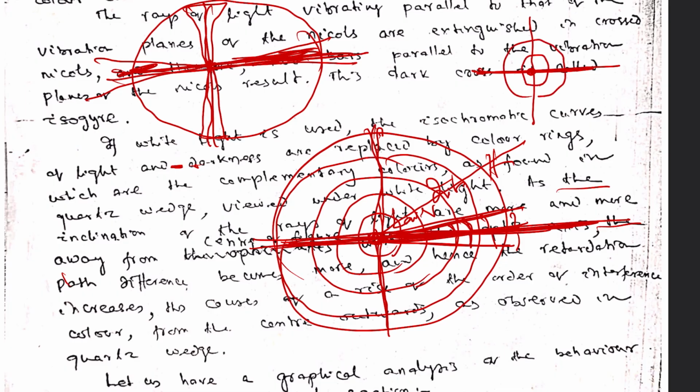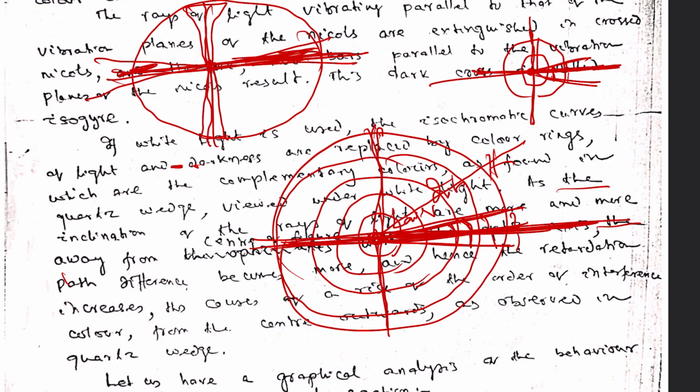When you talk about these rings, the angle that this ring makes with this line is the same as on this side, with respect to these polar directions or analyzer directions.